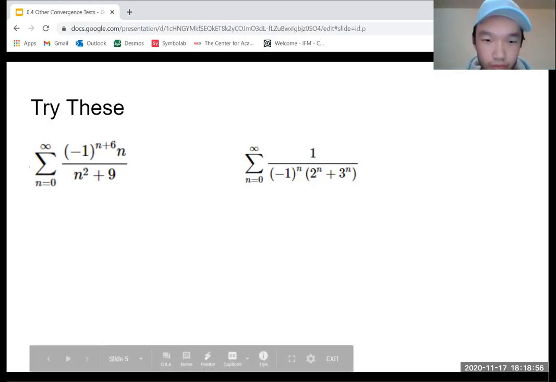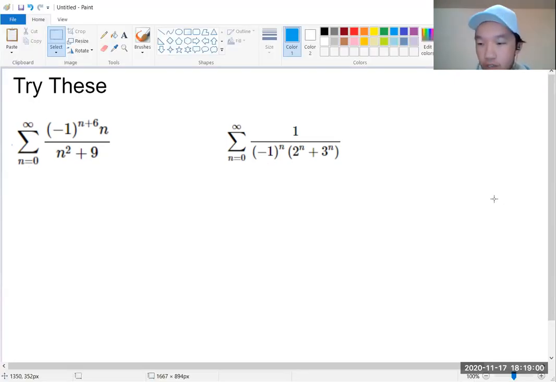So let's do the first one first. Regarding the first one, the first thing I noticed is that it's negative 1 to the n plus 6, which is not the form we are given in the beginning, but we can rewrite it, right? If I want it in the form of negative 1 to the n or negative 1 to the n plus 1, which one would I rewrite it as?